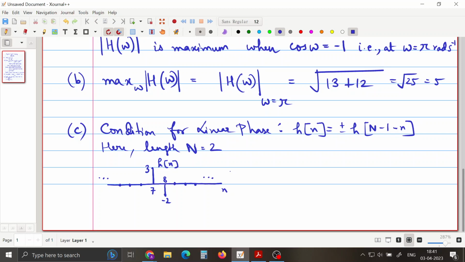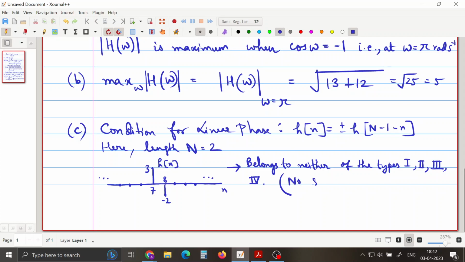So this belongs to neither of the types one, two, three, or four, because there is no symmetry.